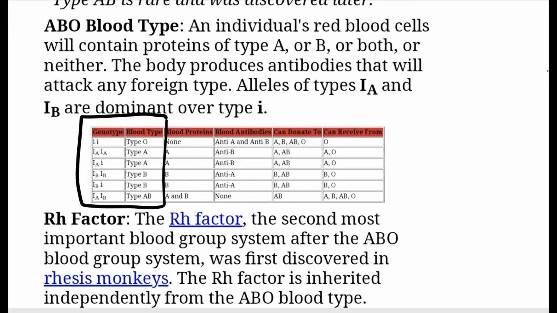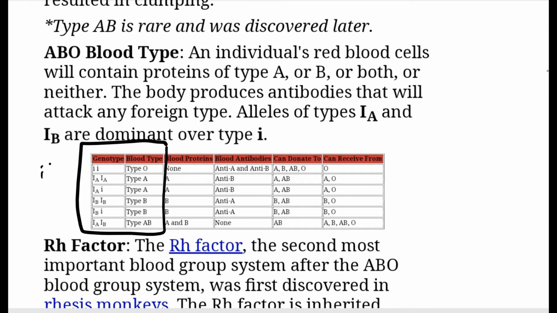It tells you what the genotypes are, for example, genotypes for O, as I said before. O blood type is actually a recessive type, so it's not always expressed. So the genotype for it is always ii. It's very simple and easy to remember. It's just the small, not capital case letters.